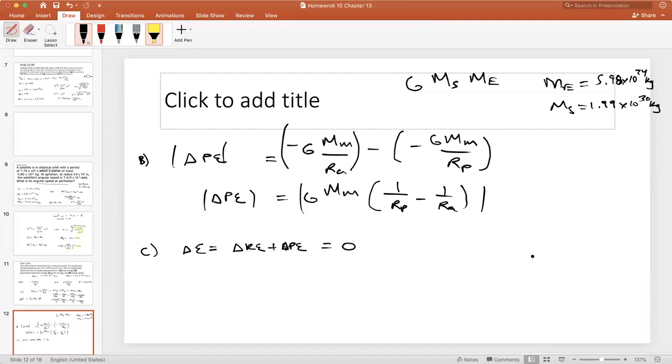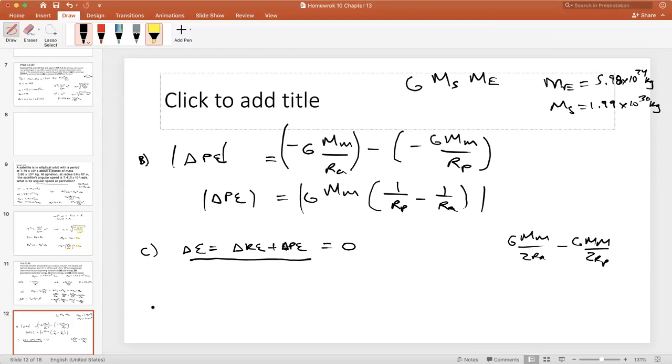You could figure it out by using GMm over 2RA minus GMm over 2RP, but you don't need to. You can use the fact that the change in energy is 0 and the change in kinetic energy is equal to the change in potential. That's pretty easy to understand.